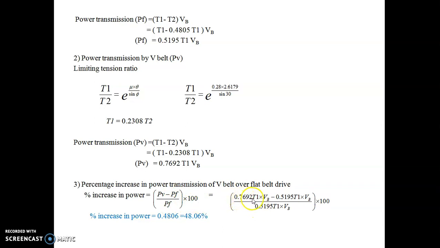So 0.7692 T1 into Vb minus 0.5195 T1 into Vb divided by 0.5195 T1 into Vb, and for percentage multiplied by 100. So we get the percentage increase in power equal to 0.4806, that is nothing but 48.06%. We can see there is increase in power transmission if we change the belt from flat to V.